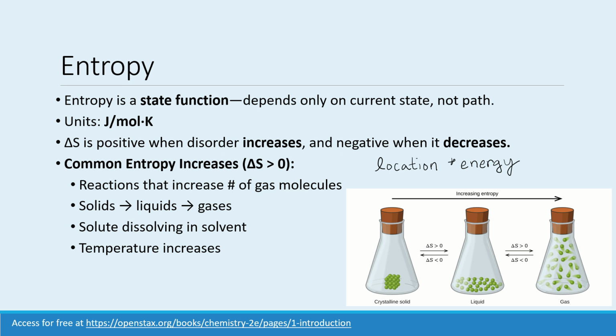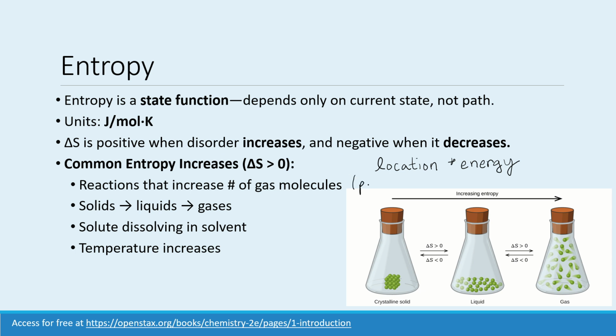Location and energy are the two main components when we're looking at microstates and entropy. So if you want to increase entropy, you're either going to have to increase the number of locations that those particles can have, the number of boxes, right, in that picture we saw for microstates. And the way we can do this is either converting a solid to a liquid to a gas, right? So gases will take up more space in a container.